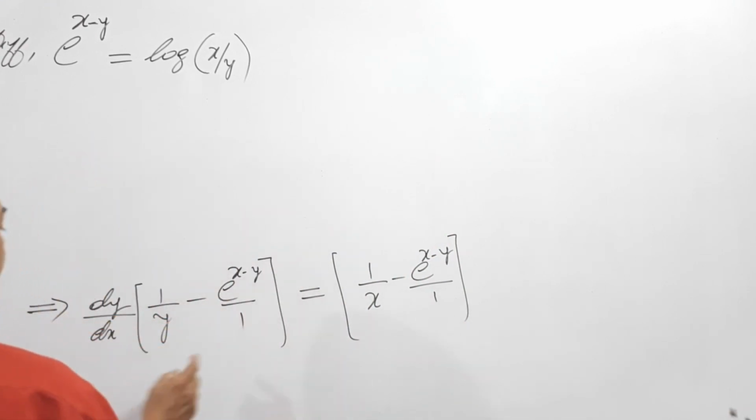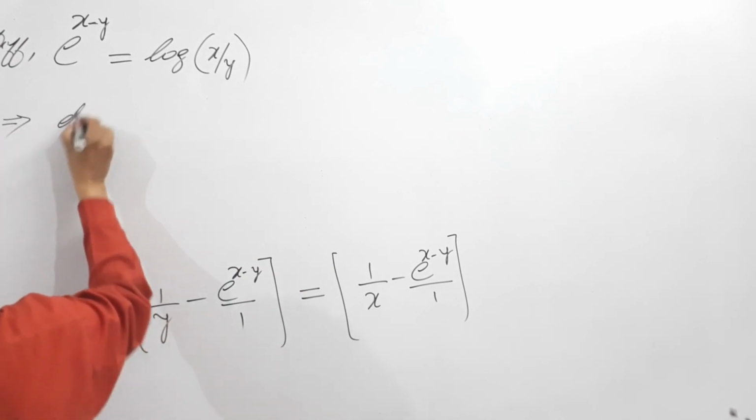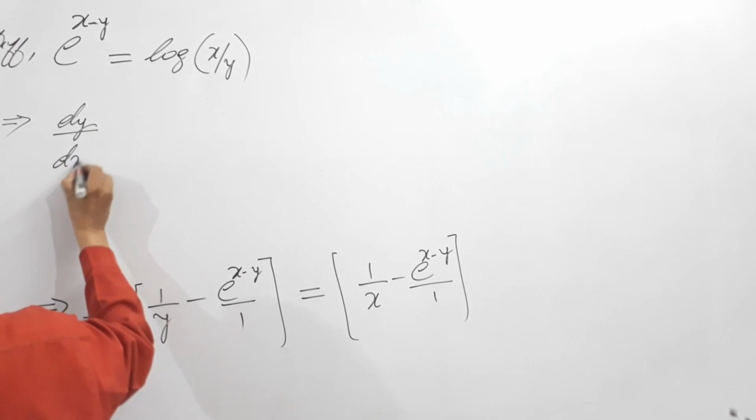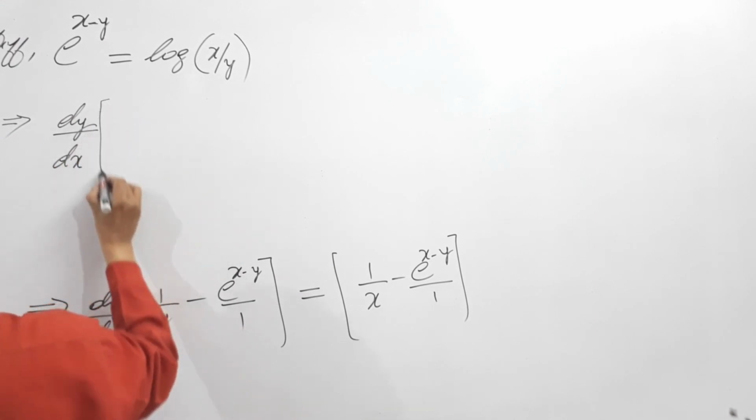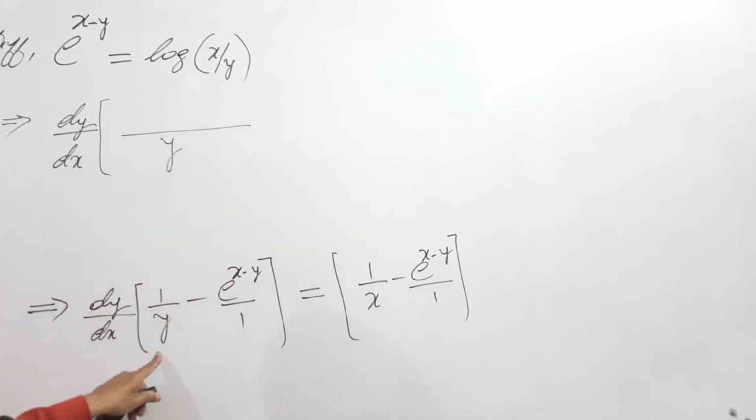So we'll take LCM. Y is LCM here, dy by dx. Y is LCM? Goes one time.